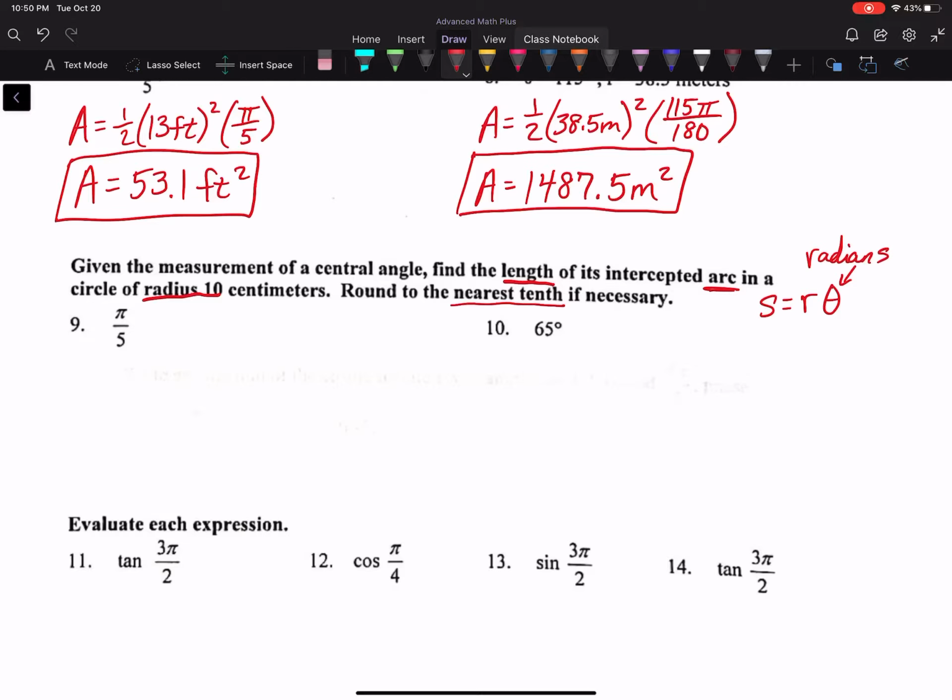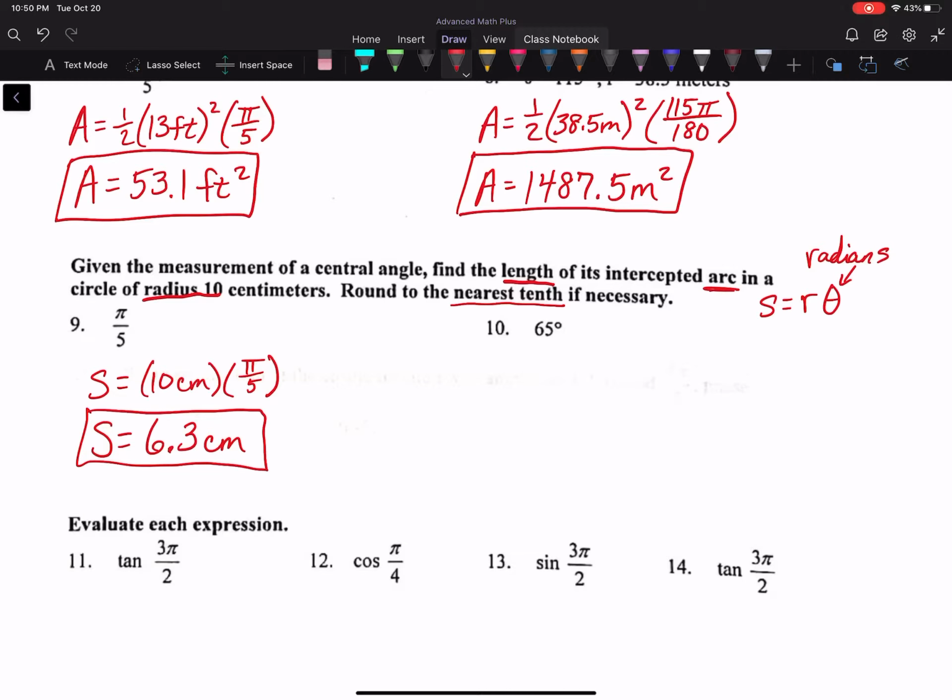If it's not in radians, you need to put it in radians. So, S equals R was 10 centimeters times theta is pi over 5, which is in radians. And you just stick all that in your calculator and you'll get 6.28, which rounds to 6.3 centimeters.